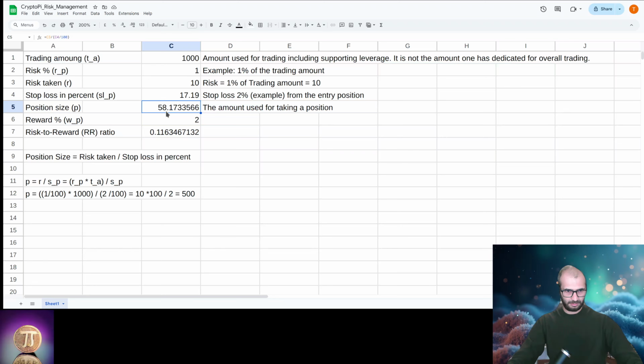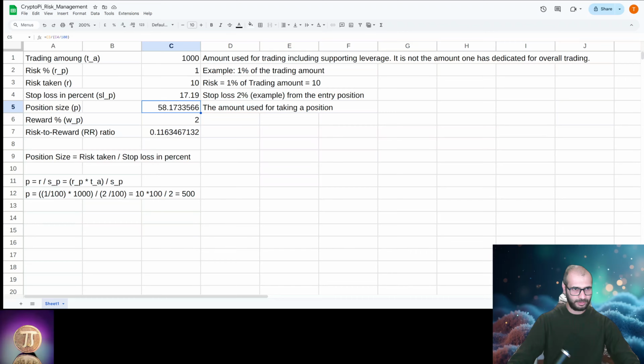Of course, there are fees which are to be added here, but for the understanding of the position size, let us keep fees and exchange rates out of the picture. So I will take the entry of $58 and no more. With this $58, I preserve basically all of my capital.